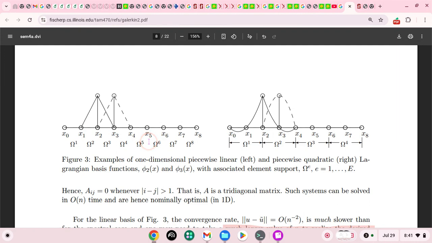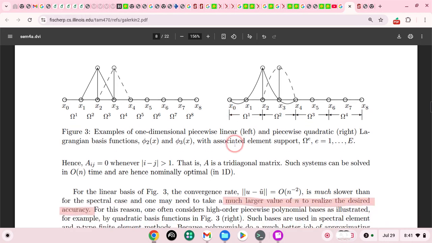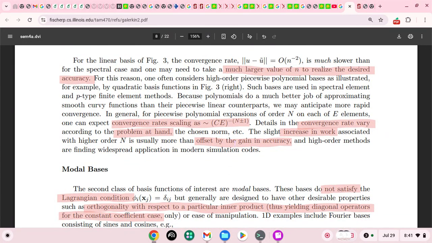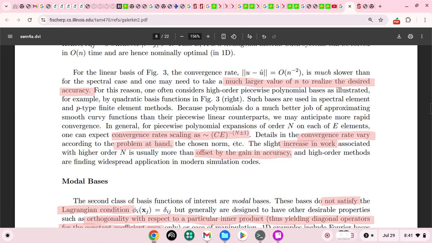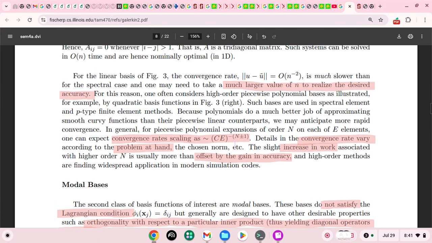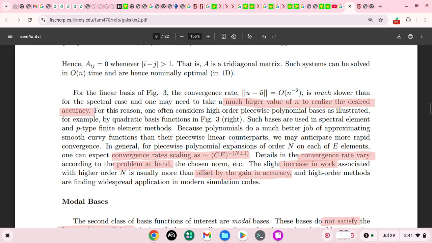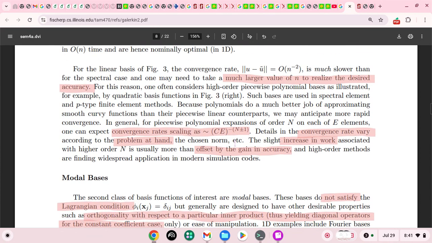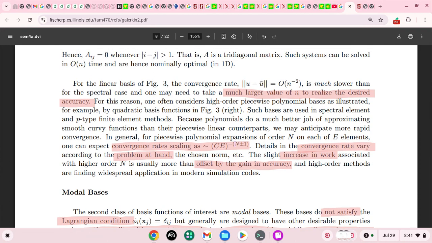If you go for a higher order polynomial, it will extend from x1 to x4. We will cover in more detail what linear basis functions, local support linear basis functions, and quadratic basis functions are, and how to construct the matrix equations through these basis functions, all based on the book that I mentioned earlier.